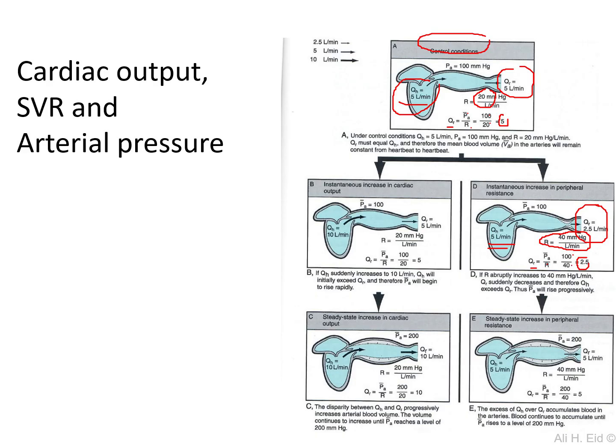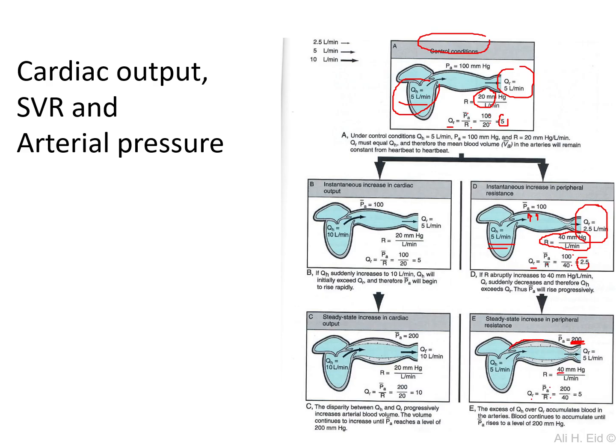The remaining 2.5 liters per minute are going to push onto the walls, right? And remember, this is a compliant vessel, so you can see here that the vessel is bulged up. The vessel will bulge and the pressure will continue to build until it reaches around 200. Why 200? Because if you put 200 into the equation, QR is equal to the pressure divided by the resistance.